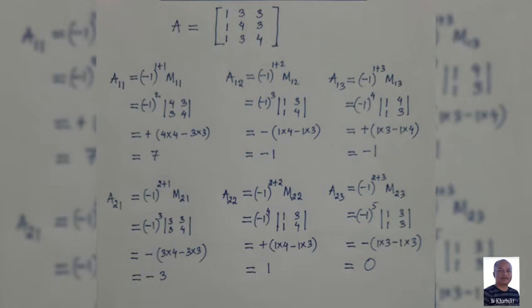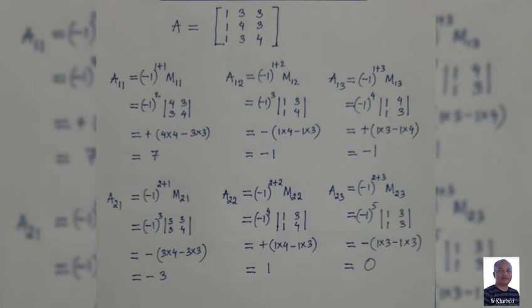To find the cofactor of 3, we simply write the capital letter A with suffixes 2, 3. Now you find that by writing -1 raised to the power 2 plus 3, because you are finding the cofactor of the entry in the second row and third column.